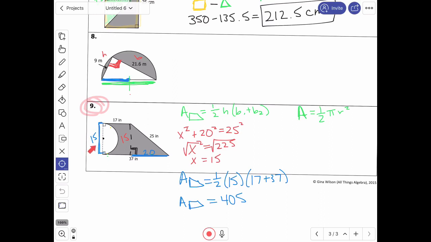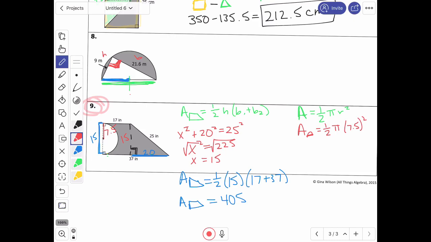So I have to take half of 15, which gives me 7.5. So my area formula for half of the circle is 1/2 times pi times 7.5 squared. So the area of the half circle is 88.36.